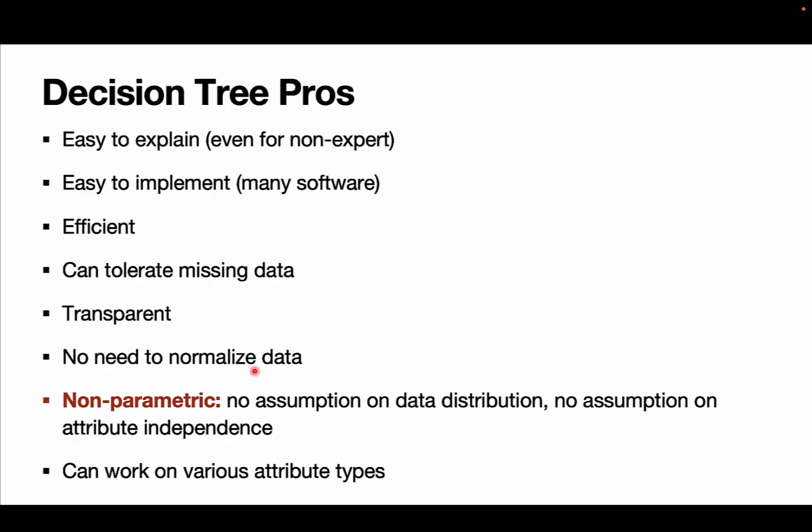But one important feature is they are non-parametric, which means this model does not make any assumption on the data distribution or if there is an independence relationship between the values. It can work on various attribute types, as we see.